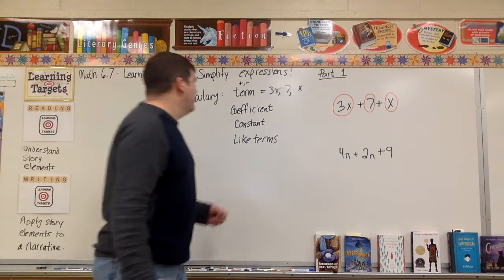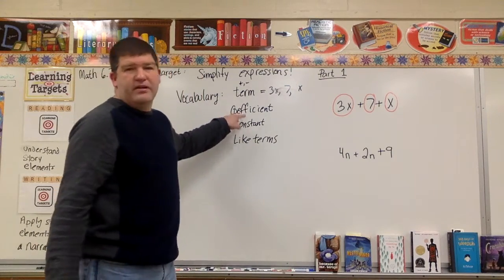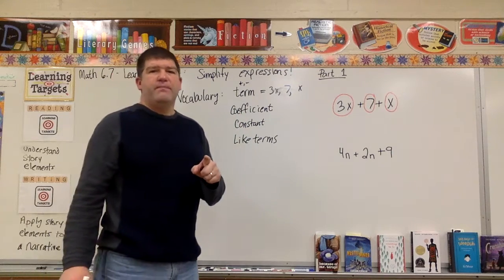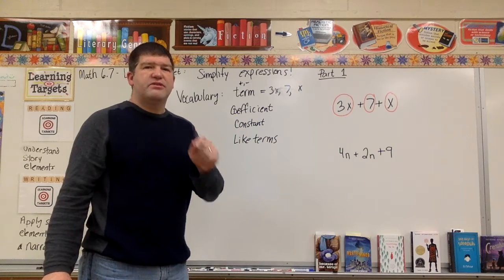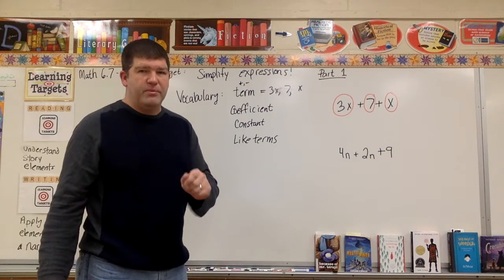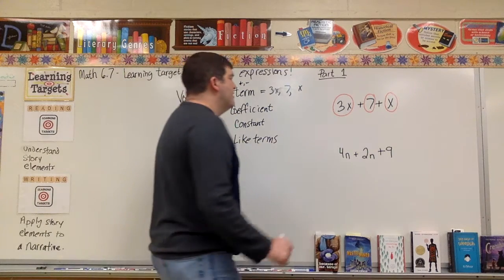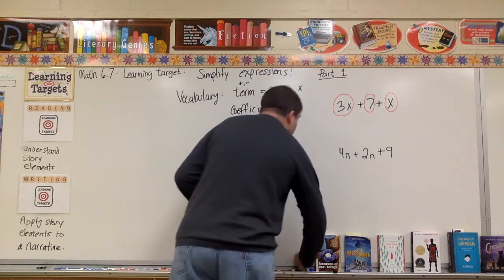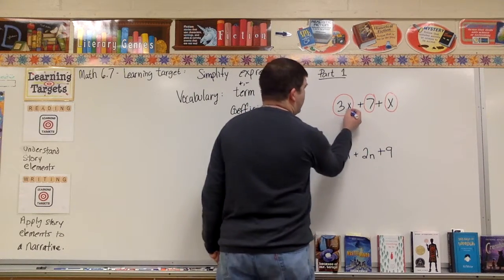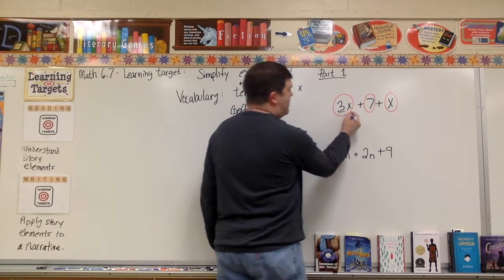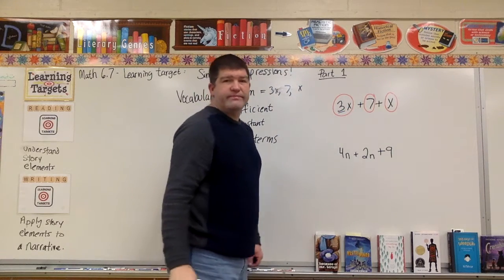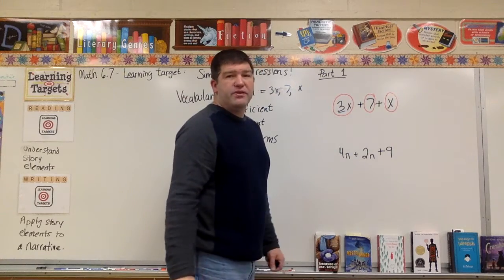Okay, so coefficient. A coefficient is the number next to a variable. Here I have 3 next to x. That is a coefficient.